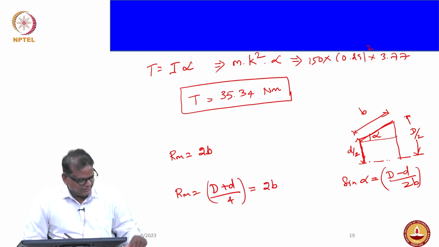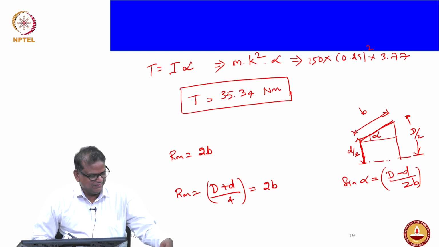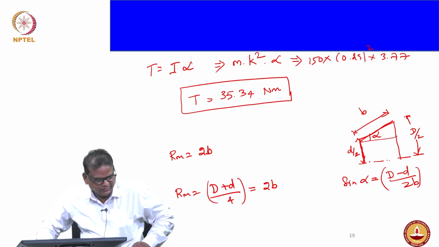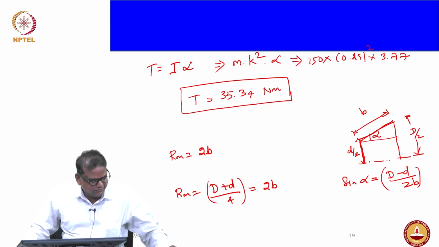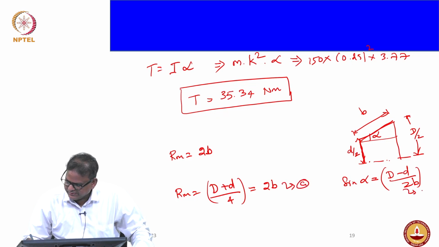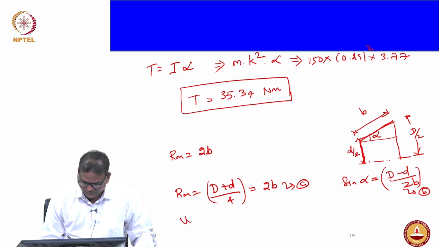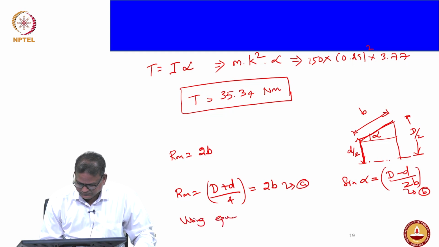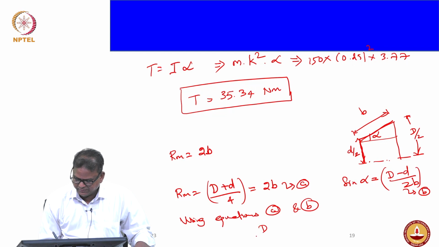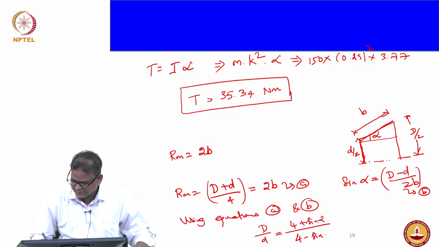So, this is equation A and this is equation B. Using equations A and B, we would expect D by d equal to 4 plus sin alpha over 4 minus sin alpha.